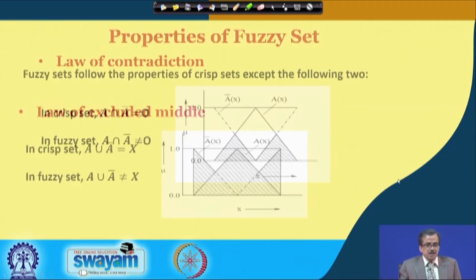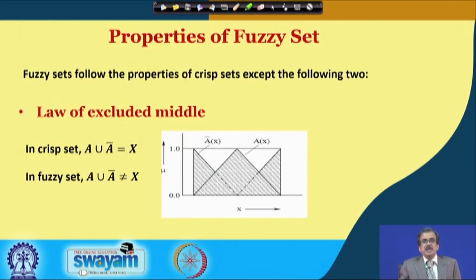Now, if you see the law of excluded middle first. As I told, these 2 properties are not followed by the fuzzy set: one is the law of excluded middle and the other is the law of contradiction.